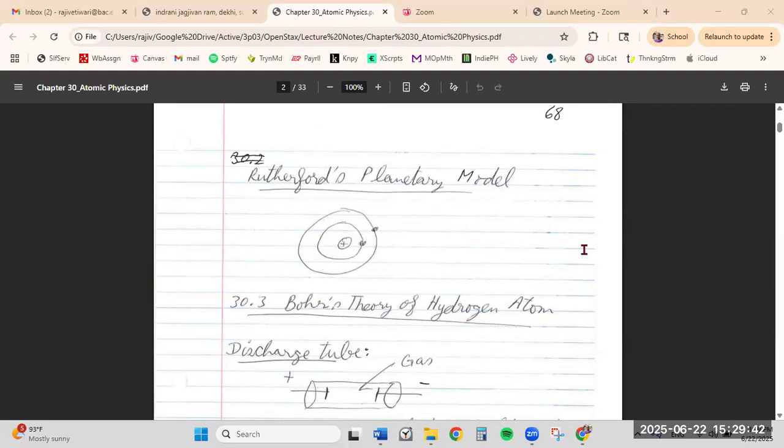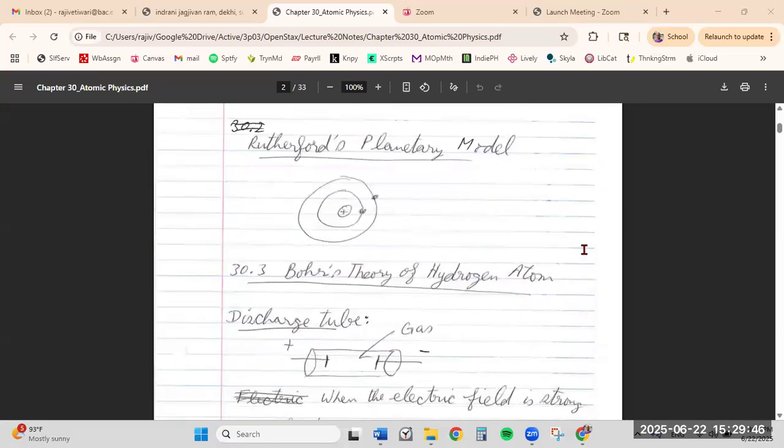Rutherford's planetary model proposes that there is a positively charged nucleus at the center of the atom. It's very small in size and is very dense. The space surrounding the nucleus is very sparse.